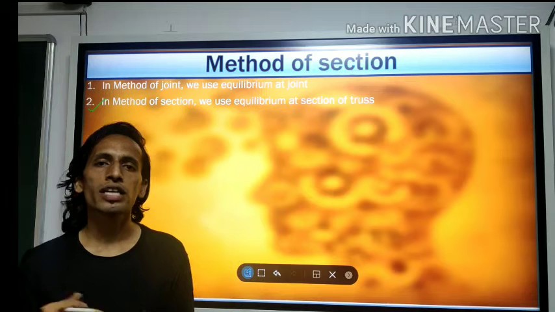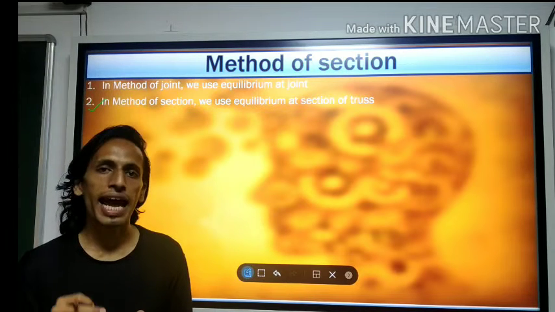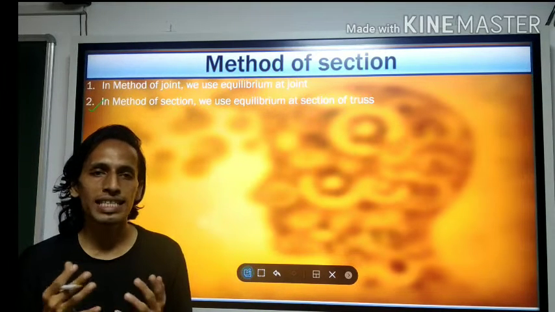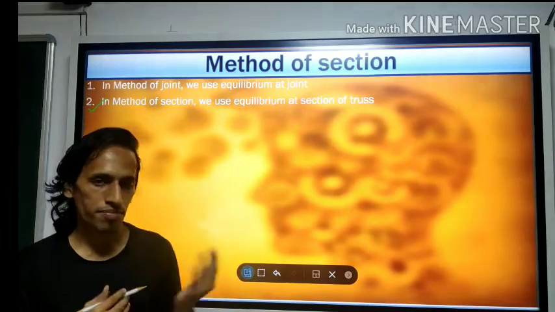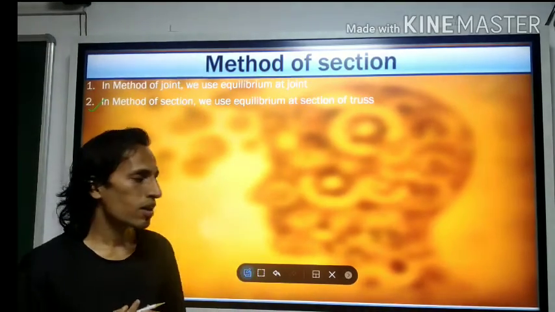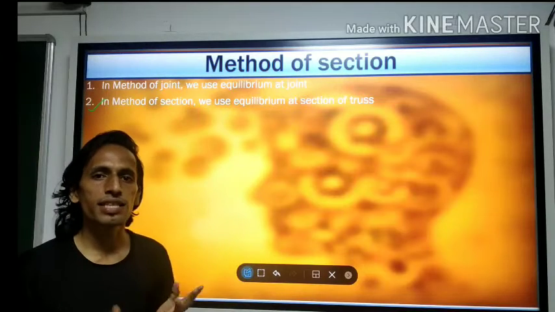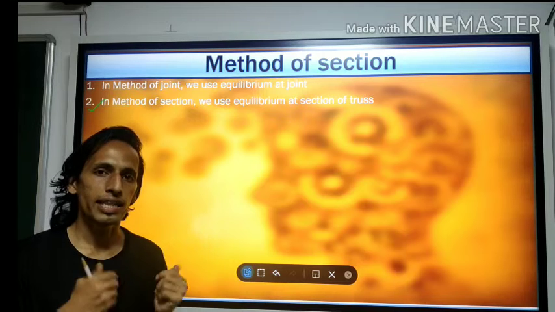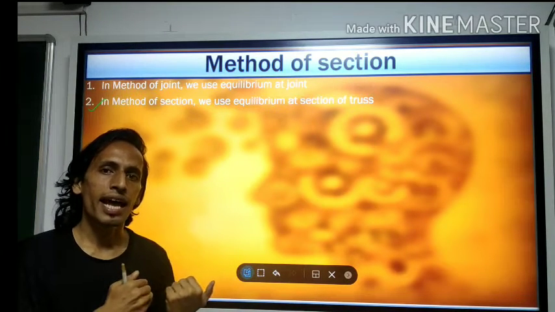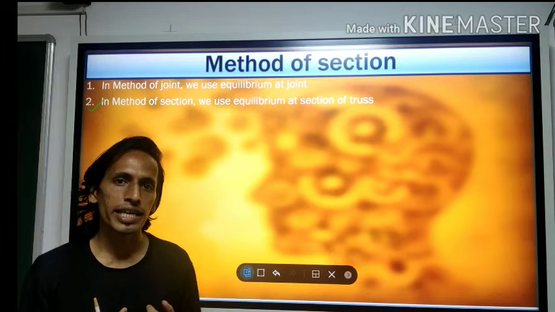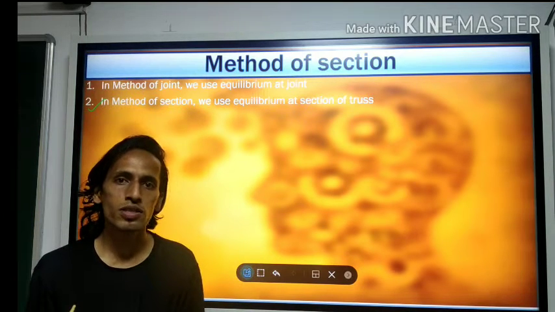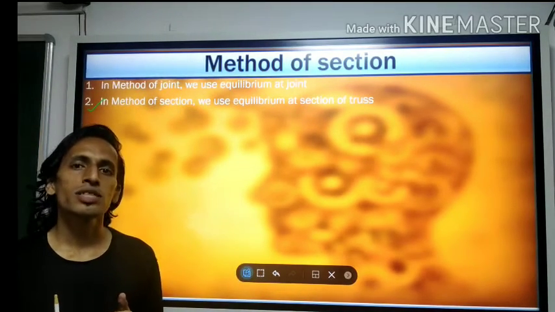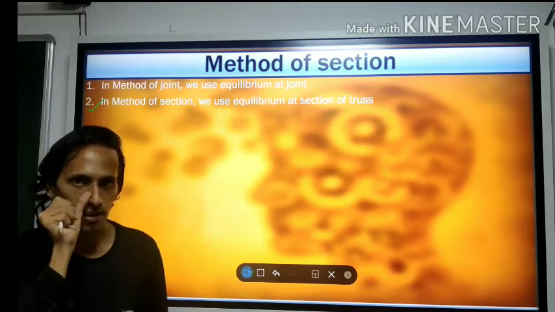Whatever section you want, you can apply these equations at that particular section. What is this section? We will come to it. So the basic difference is that equilibrium is used in both, but in the method of joint, equilibrium equations are used only at the joint, and in the other method it is used at the section.